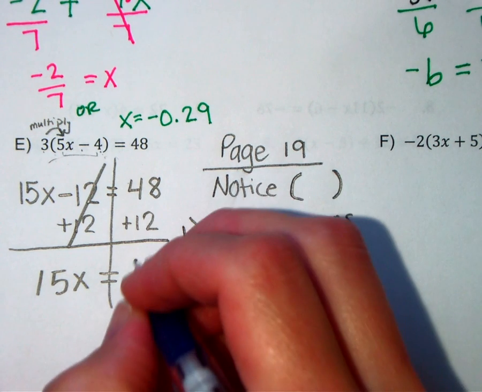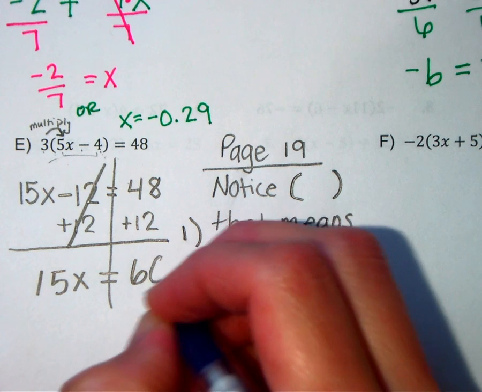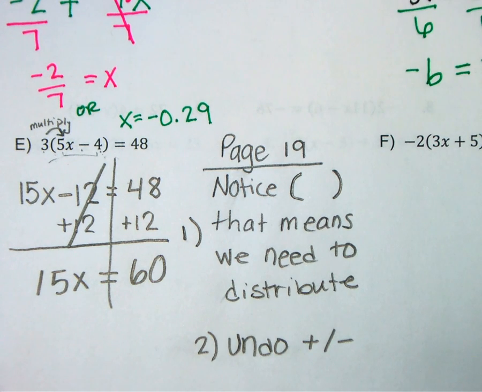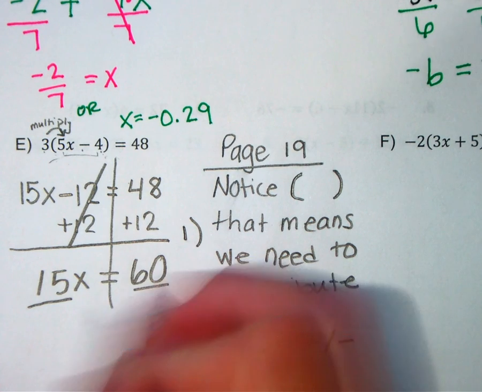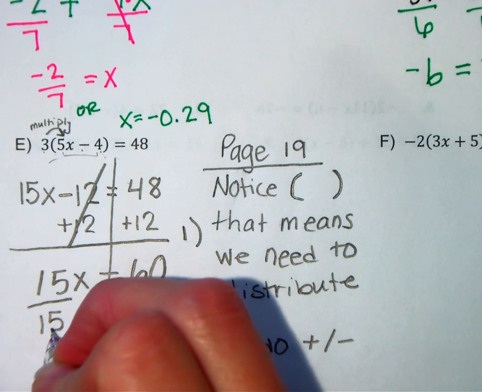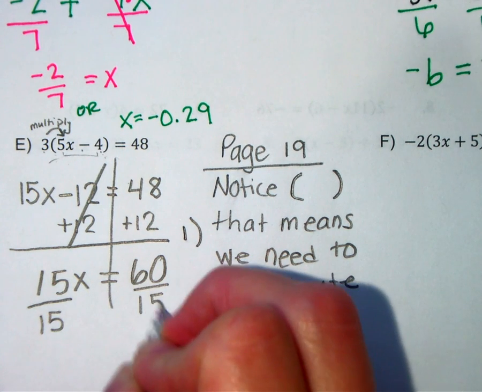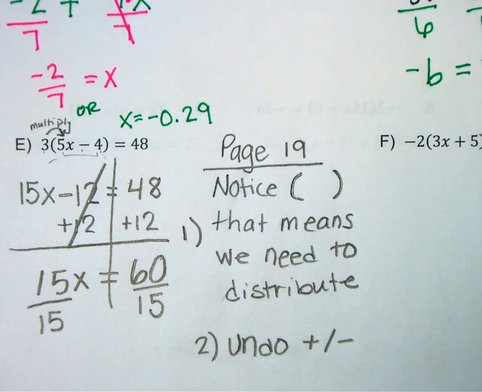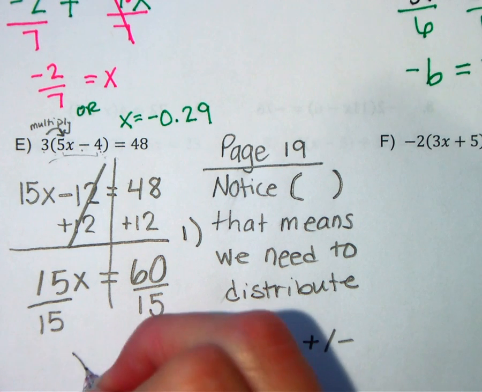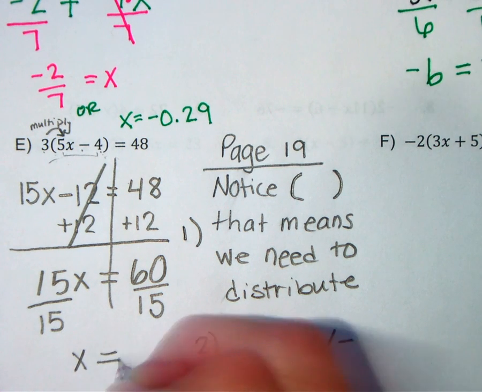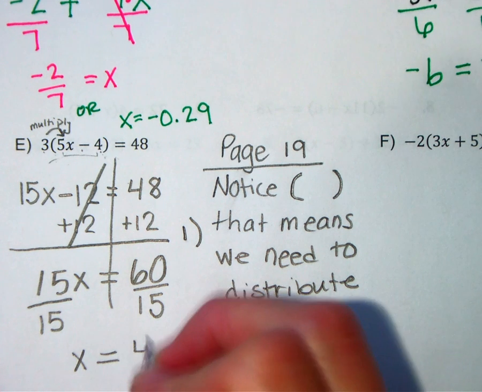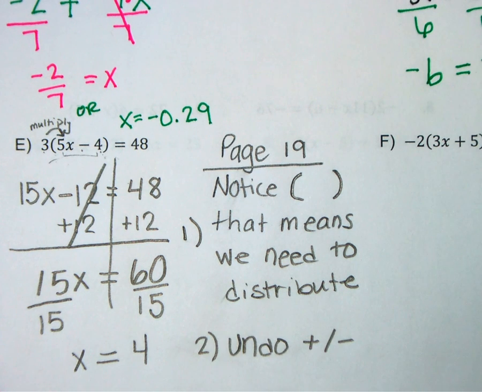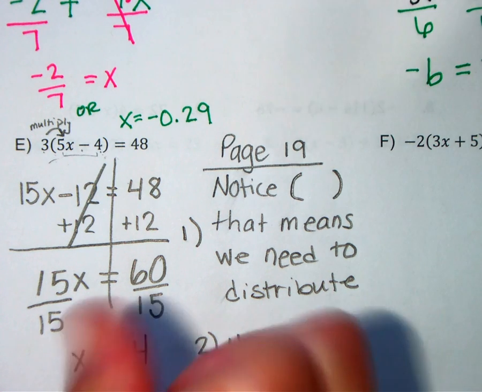And 48 plus 12 is 60. Now divide by 15. and we have x equals 4. There's our final answer.